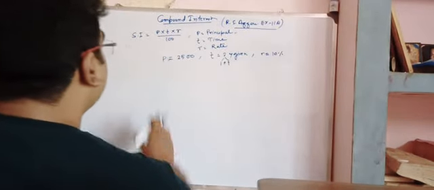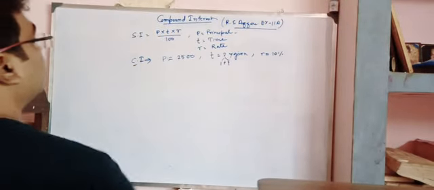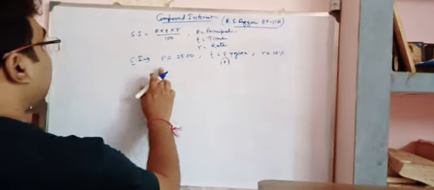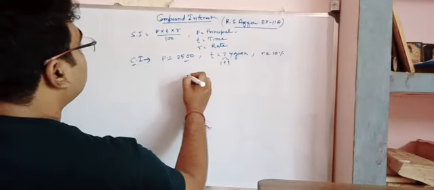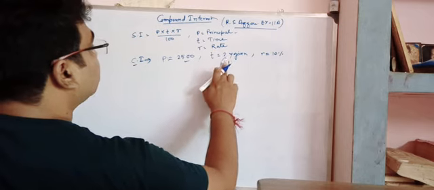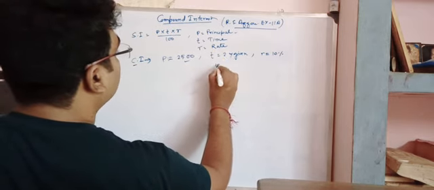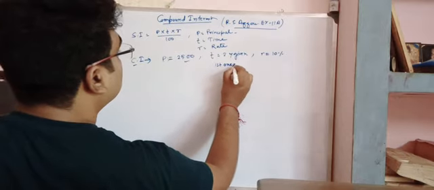Suppose we have to find the compound interest of this. For that, first take P is equal to 2500, T is equal to first 1 year out of 2 years total, and the rate is this.